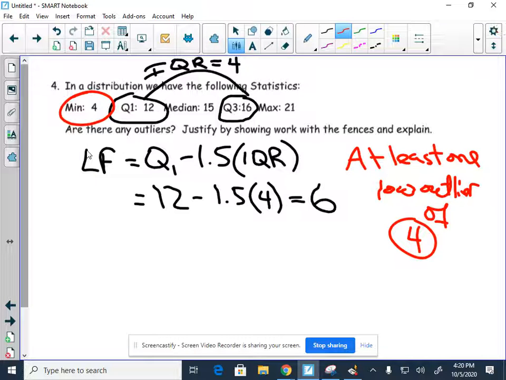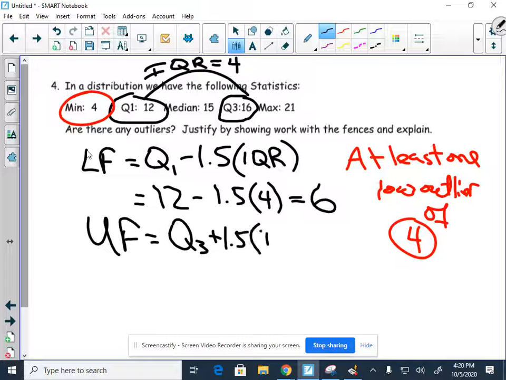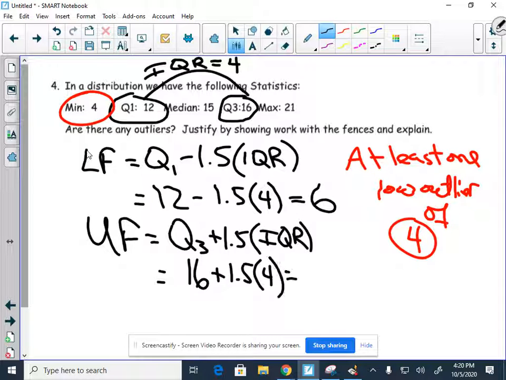So now we're going to find the upper fence. The upper fence, Q3 plus 1.5 times the IQR. 16 plus 1.5 times 4 gives us 22. The maximum is 21, so there's no high-end outliers.